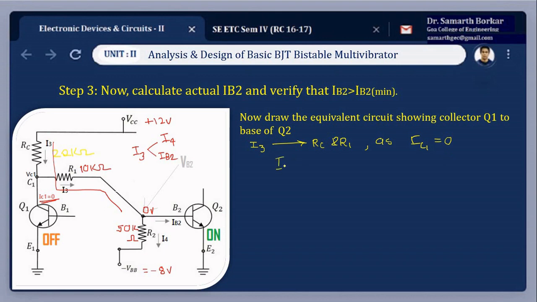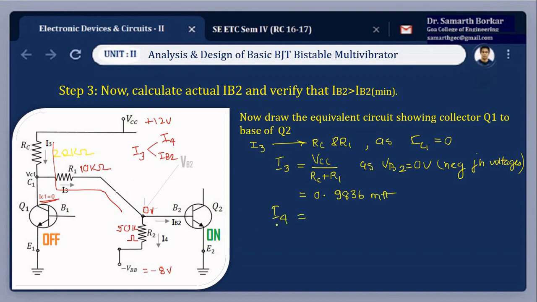Now we can calculate the value of I3 as VCC divided by RC plus R1, as VB2 equals 0 volt, neglecting the junction voltages. Fine. So if we substitute the values, we get I3 equals 0.9836 milliamperes.